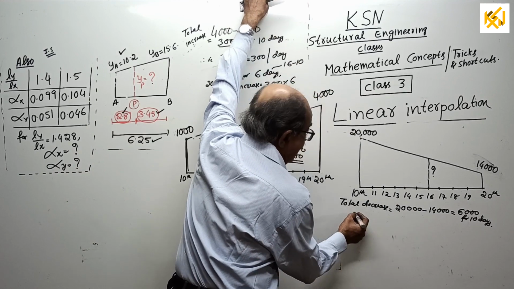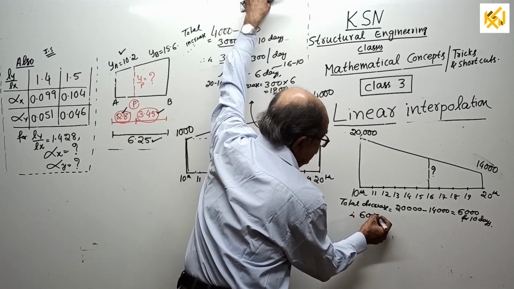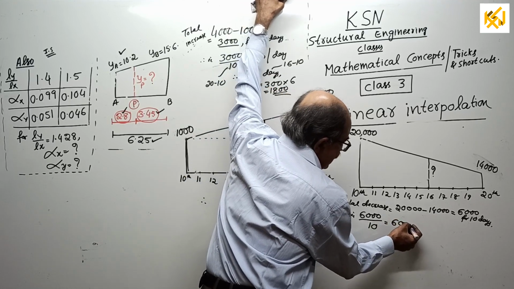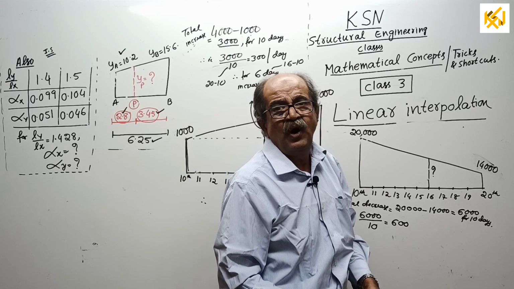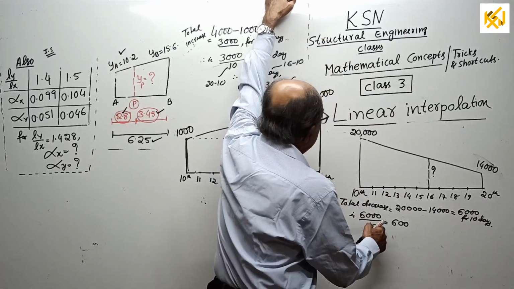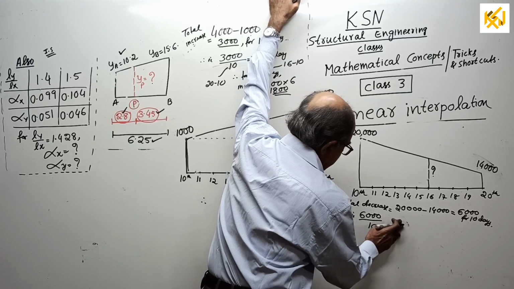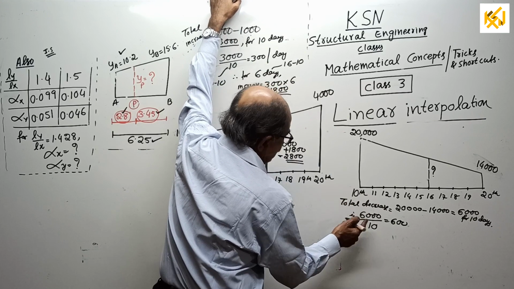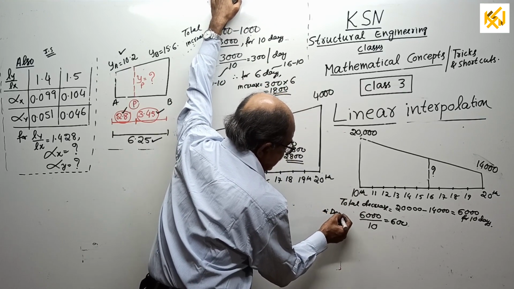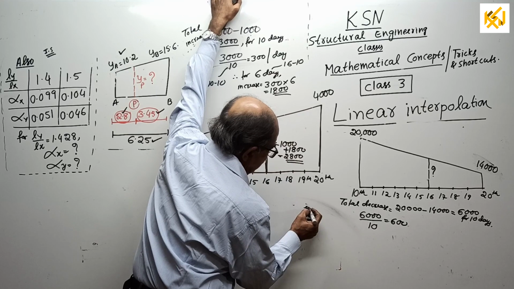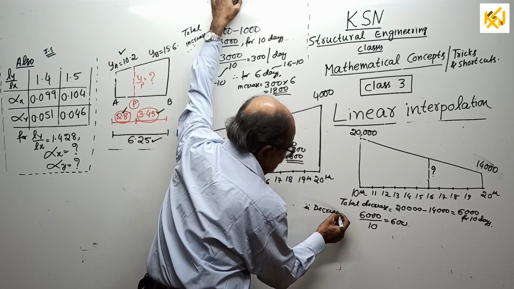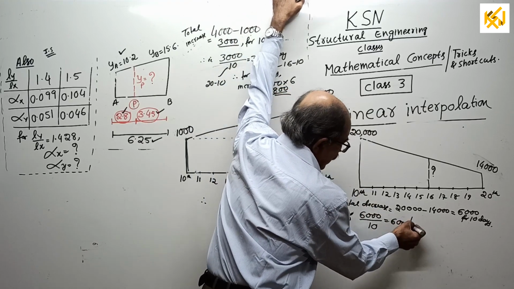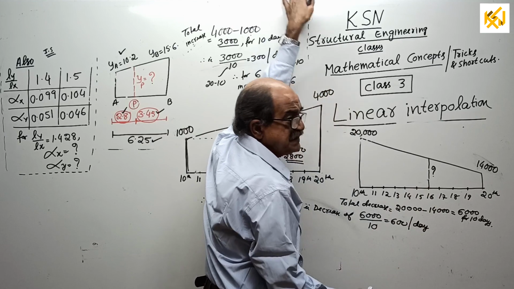So 6,000 decrease for 10 days, divided by 10, is 600. That is, 6,000 divided by 10 equals 600 per day. It is a decrease of 600 per day.